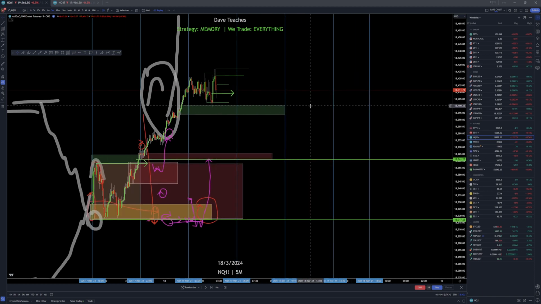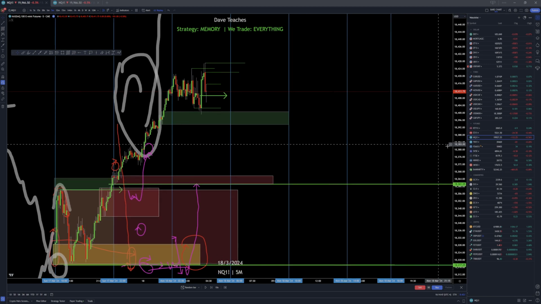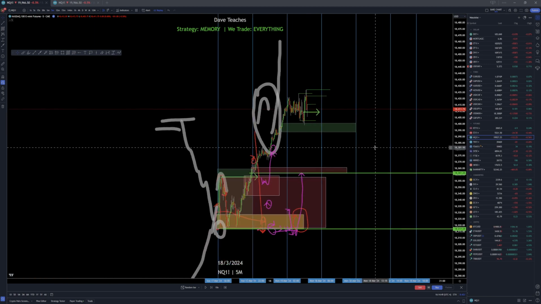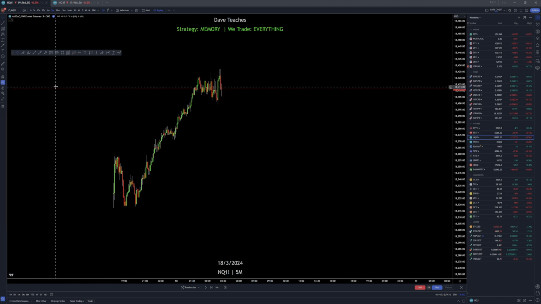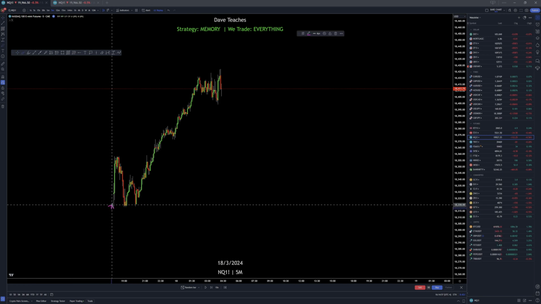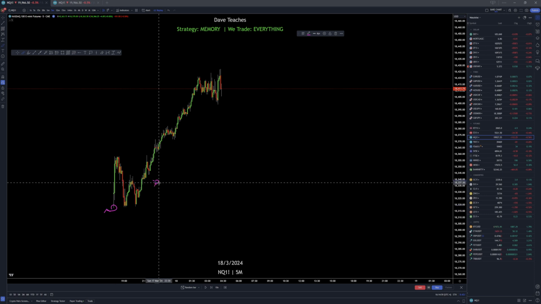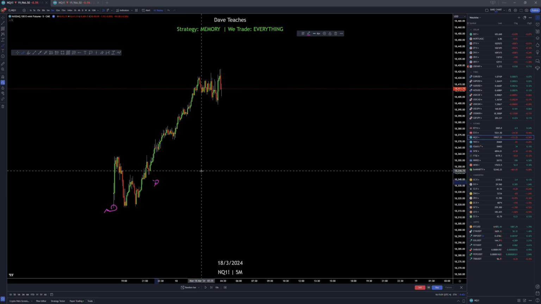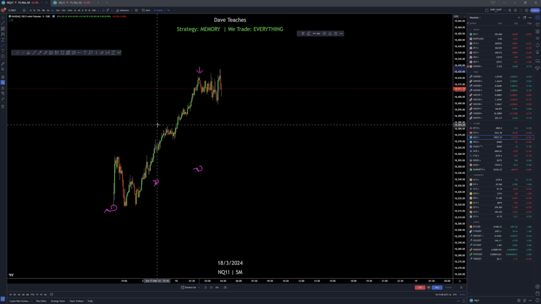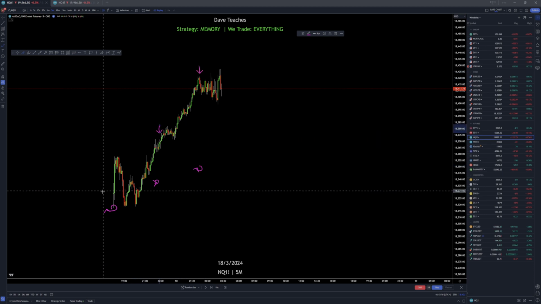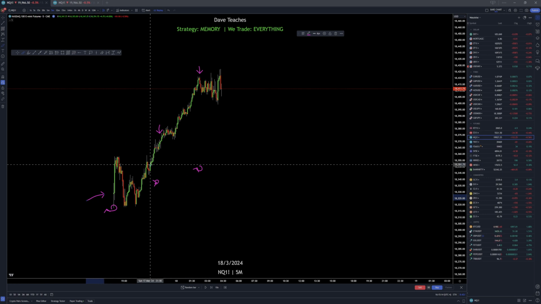Okay, so the reason why I'm looking at that is because if we're aware that these are 4-hour candles, right? Here, here, and here, right? There, and there, right? If we're aware that these are 4-hour candles here.